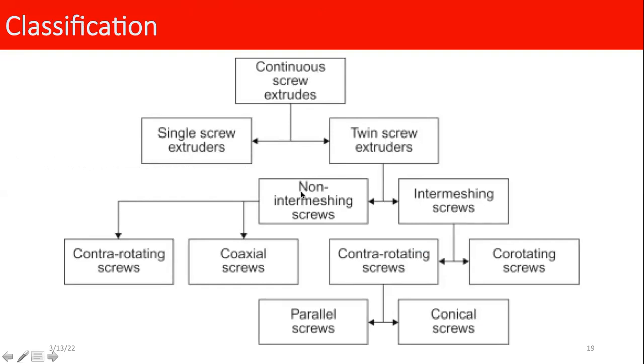Twin screw extruders, you can divide into non-intermeshing and intermeshing, counter rotating and co-rotating, and parallel screws and conical screws. If it is a non-intermeshing one, there are counter rotating and co-rotating screws. Right? This is a classification.